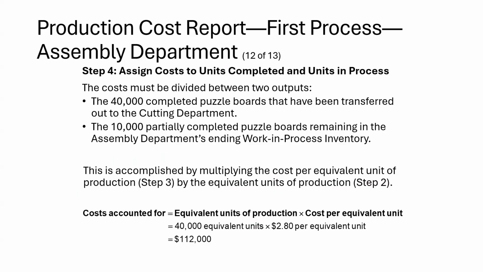To assign the cost of the two inputs to the two outputs, this step must be repeated 4 times. The step must be repeated 4 times to assign direct material costs to completed units and in-process units. Then you have conversion costs to completed units and in-process units.